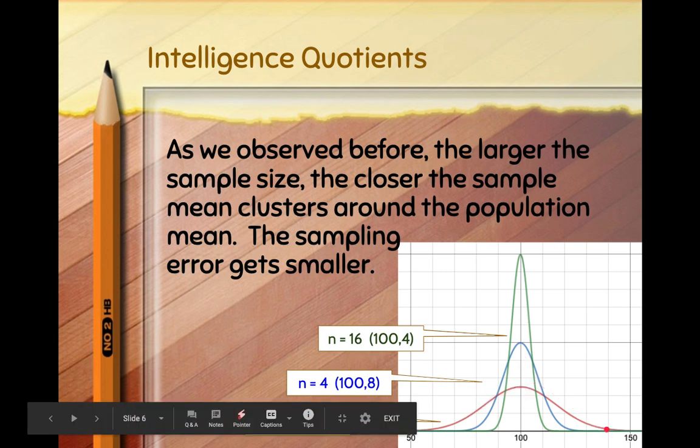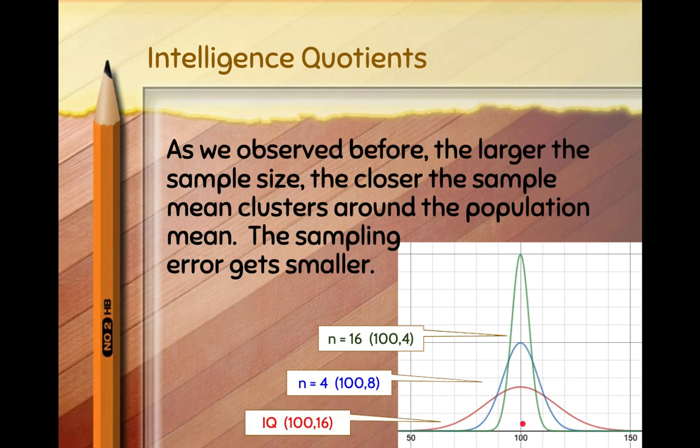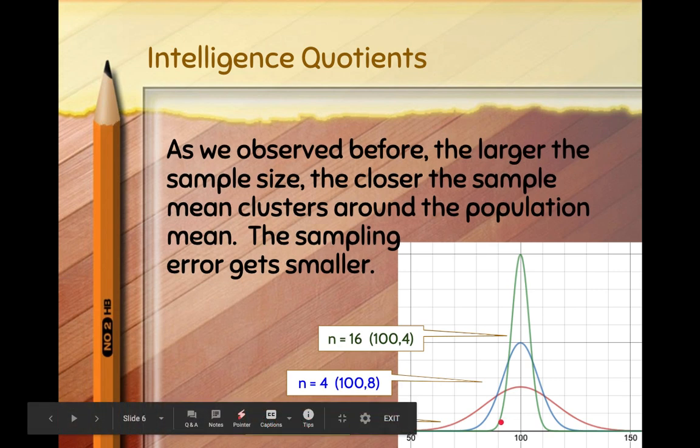What that means is that with our regular distribution, if I pick a sample of 1, I'm all over the board. If I pick a sample of 4, the mean value of that sample has a better chance of being close to the actual mean. If I get a sample of 16, I'm getting even closer.